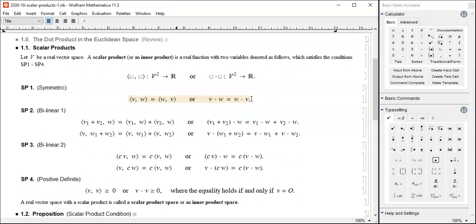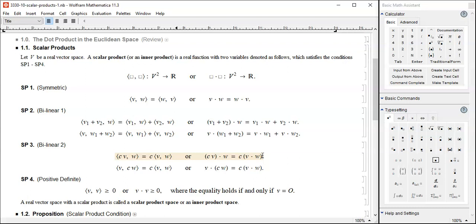Now next condition, bilinearity. Let's look at the first line here, and then the first line there. Please note that the second component is fixed as W. Now if you look at the first component, what do you have? V1 plus V2, and that's separated. Addition is separated. Let's go over here. We have scalar multiplication C times V, but now that's separated out.